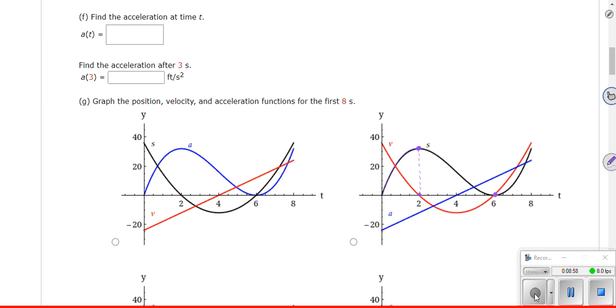So your velocity should be positive. From 0 to here, velocity should be positive. Now I'm not saying this is the graph. I happened to look up at this one. It was still on the board, and so that's what I was looking at.